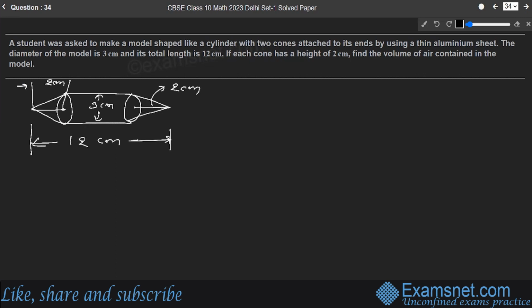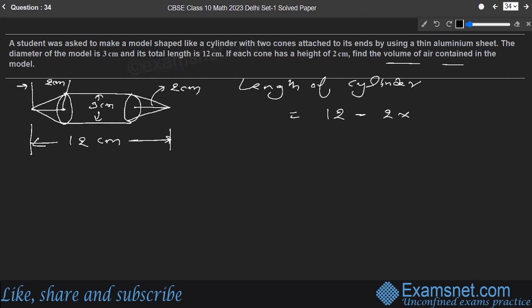Now, what are we supposed to find out? Find the volume of the air contained in the model. So for the air volume, we need to find the volume of the whole model. We are supposed to find the length of the cylinder first. Everything is given, but we need the length of the cylinder. The length of the cylinder will be the length of the whole model, that is 12, minus twice the height of the two cones.